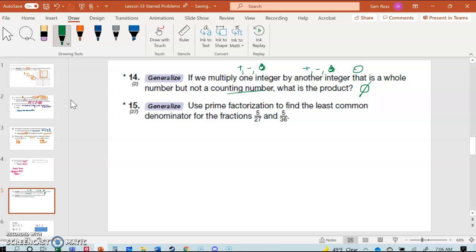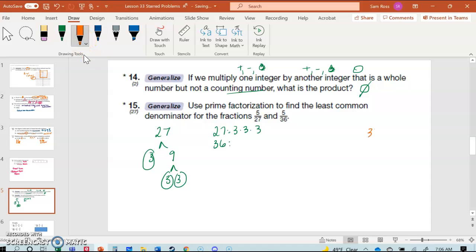Anyway, use prime factorization to find the least common denominator. So 27, 3 and 9, 3 and 3. So I have 27 is 3 times 3 times 3. And then 36, let me do 36 in a different color. 6 times 6, 2 times 3, 2 times 3. So I have 2 times 2 times 3.